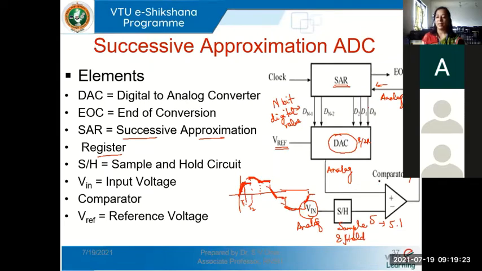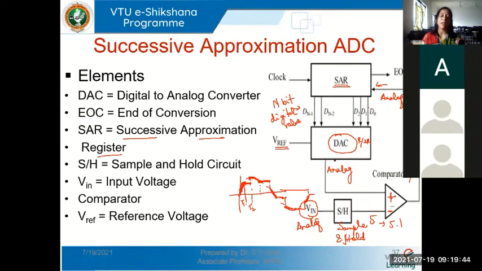Then you have a comparator. We have already studied many types of comparator circuits. Here the input analog voltage is given to the inverting terminal of the comparator and the feedback analog signal coming from the DAC output is given to the non-inverting terminal.